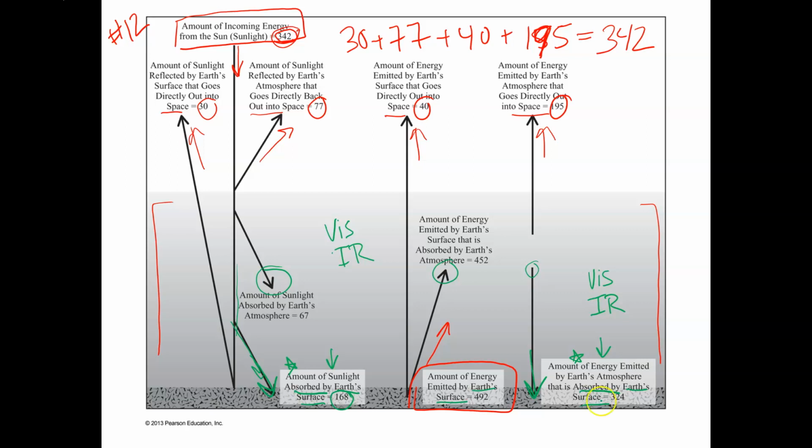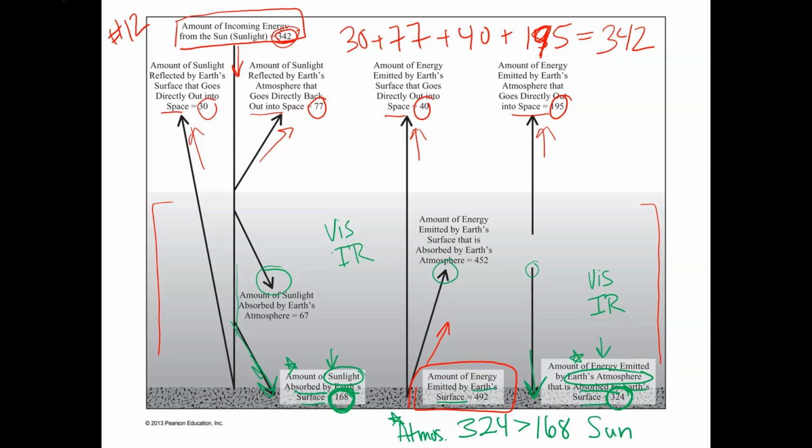This is where the numbers can help you again. 342, I'm sorry, 324 is greater than 168. So that means the energy emitted by Earth's atmosphere is greater than the amount that comes from the sunlight. That's how I answer that. More energy is absorbed by Earth's surface from the atmosphere than from the sun directly.